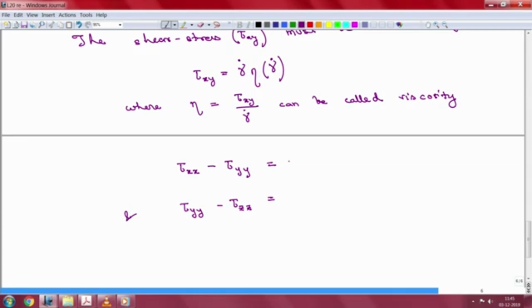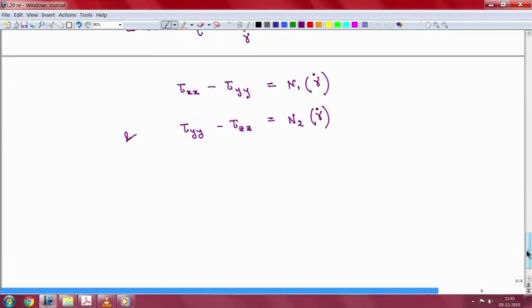You can write the first normal stress difference as N1, an unknown function dependent on gamma dot, and the second normal stress difference as N2. These are even functions, but they are 0 at gamma dot equal to 0.